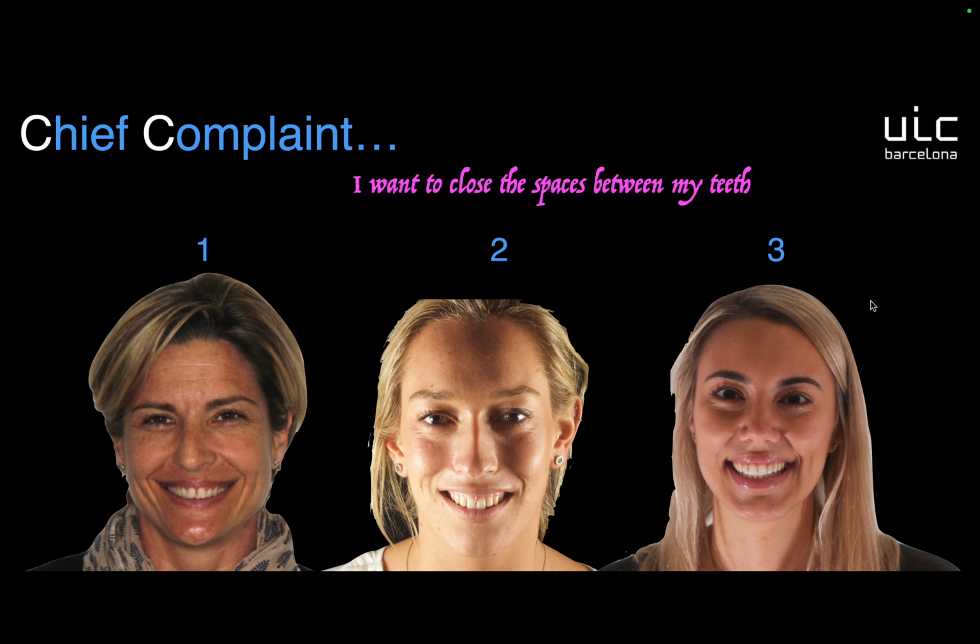Now I want to share three clinical cases where the patient came to me and said, I want to close the space between my teeth. These three cases have the same chief complaint, and our treatment was the same, with composite, but with a different technique.